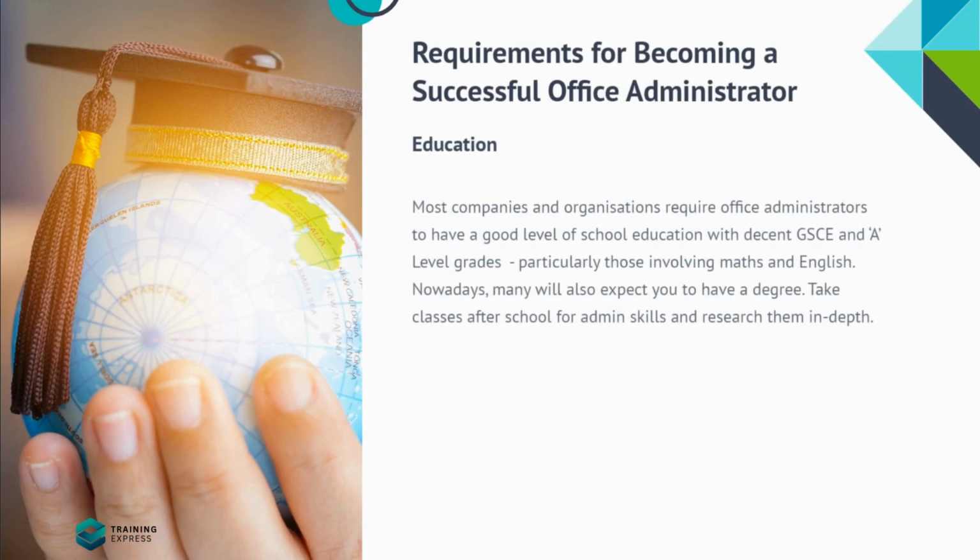Education. Most companies and organizations require office administrators to have a good level of school education with decent GCSE and A-level grades, particularly those involving maths and English. Nowadays, many will also expect you to have a degree. Take classes after school for admin skills and research them in depth.